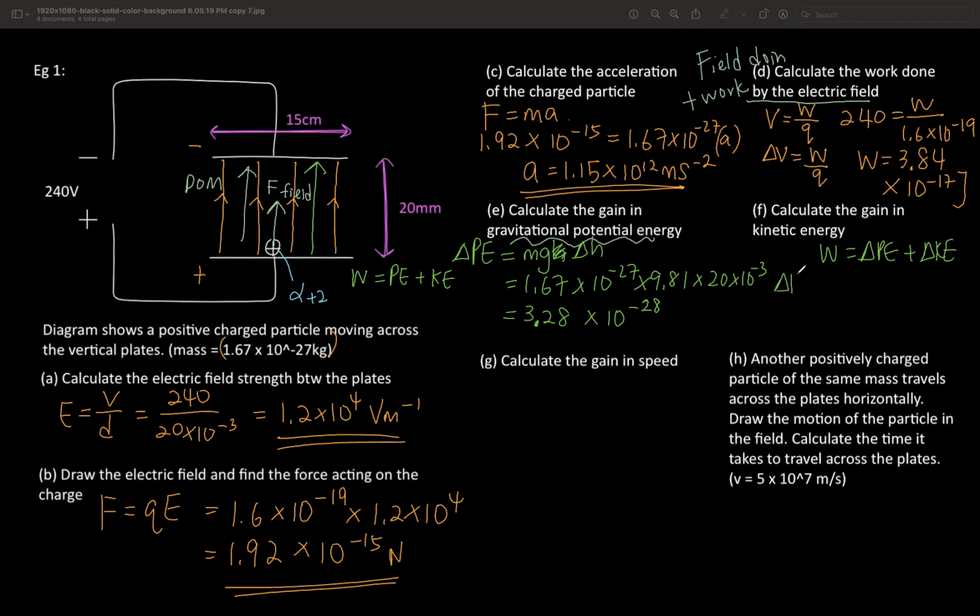So the change in KE equals W minus the change in PE, which equals 3.512 times 10 minus 27 joule. Okay, that is the answer.